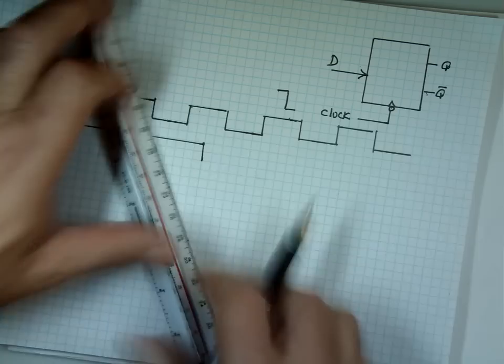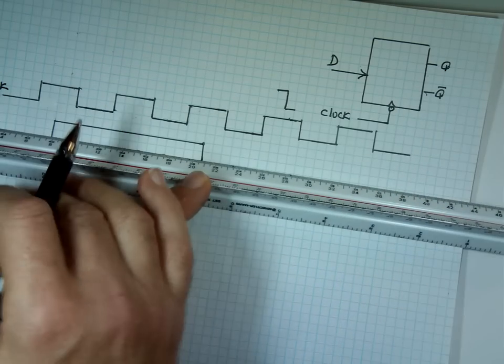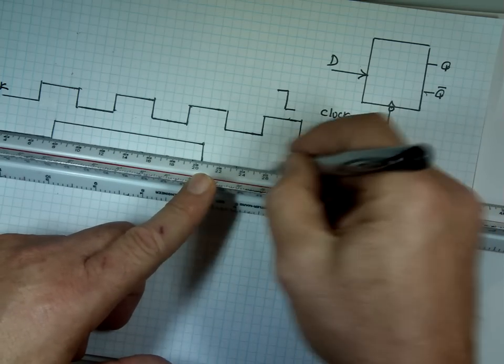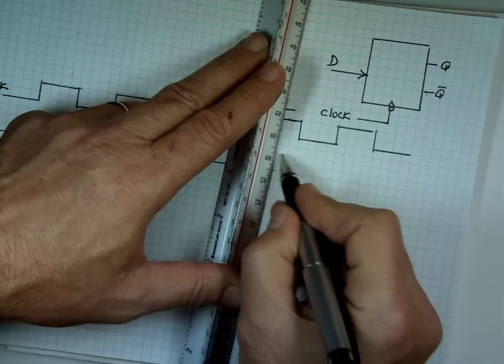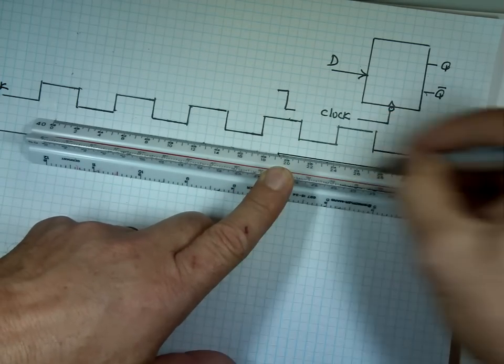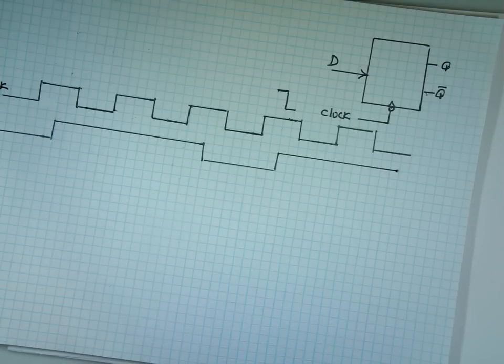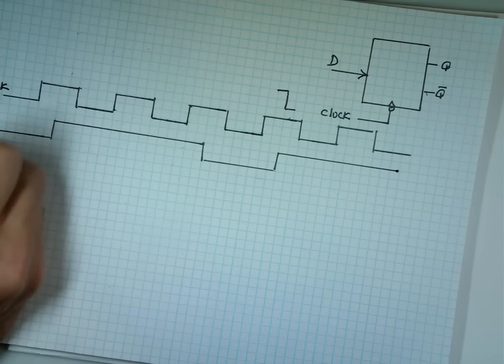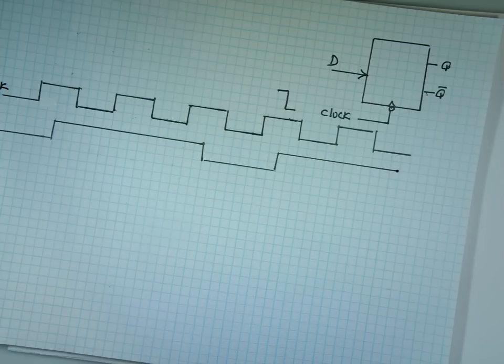Then stays 0 till somewhere here. Then it goes back to 1 again after that. That's what Q is. Well, actually, that's D. Not Q. That's the input. Let's look at Q. So let's see what Q will look like.